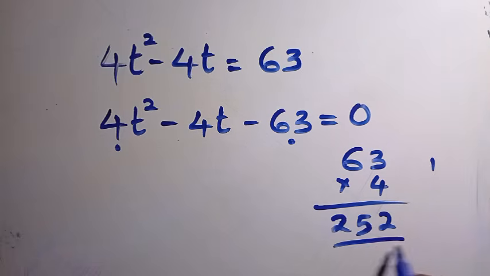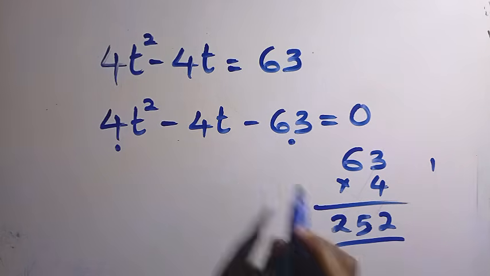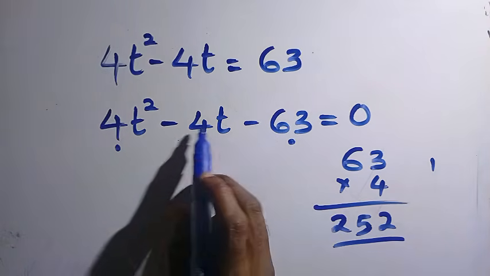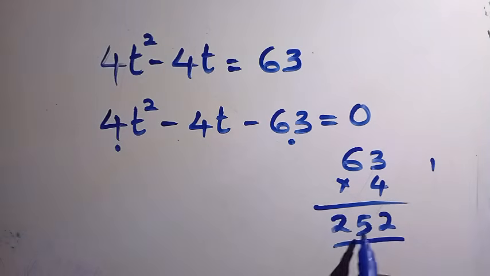This is now the new constant term we are going to use. But note that the negative sign will always be there. So we need two numbers whose sum is minus 4 and whose product is 252, in negative form.